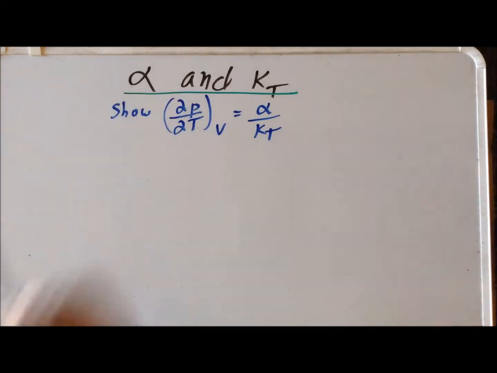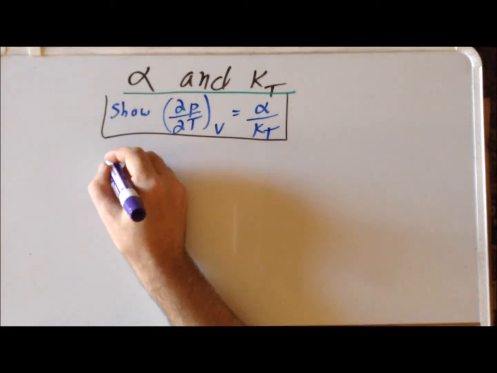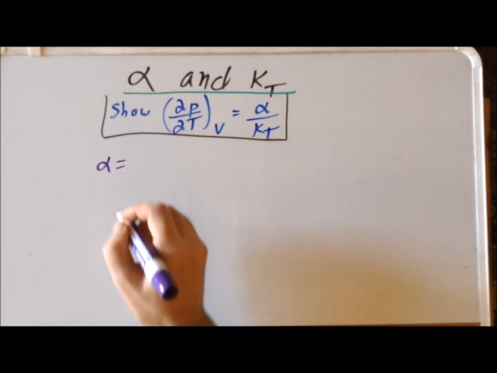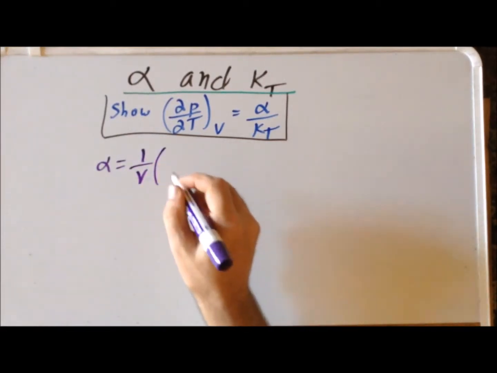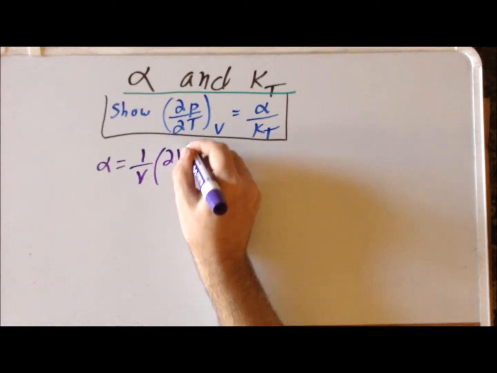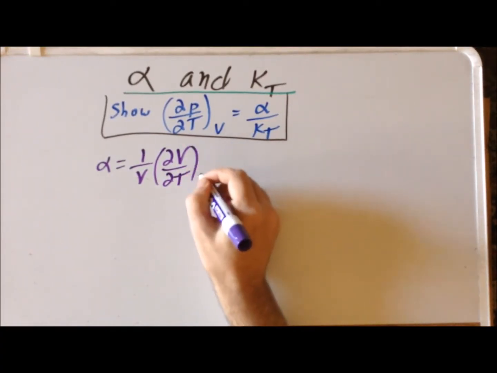So I like to alternate the words because they mean exactly the same thing. Both show and prove mean prove. Recall that the expansion coefficient alpha is defined as 1 over the volume times the partial derivative of V with respect to T at constant pressure.